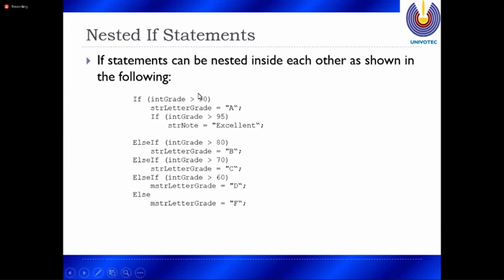Then again an if condition. If you satisfy this condition, then after that check this condition. If you do not satisfy this condition, then go here and check whether the grade is greater than 80.